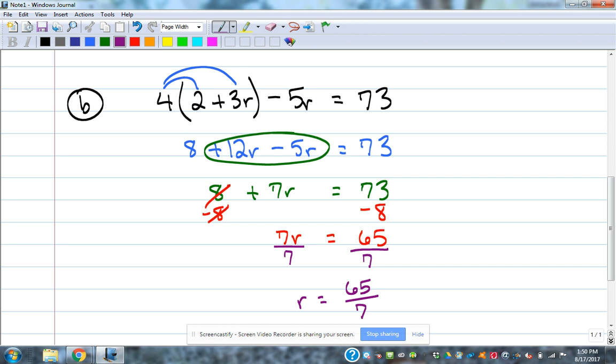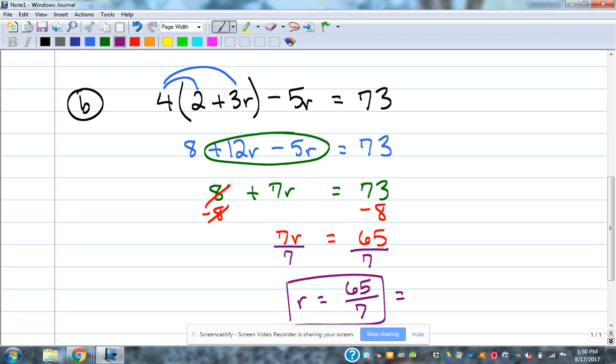So we can't reduce it, but we can make it a mixed number. How many times does 7 go into 65, Ellie? By doing this division, when we're dividing by 7 here, 7 doesn't go into 65 evenly, so we're going to leave it a fraction. Okay? You may have been told in the past to get the decimal. No, that's not what we're doing.